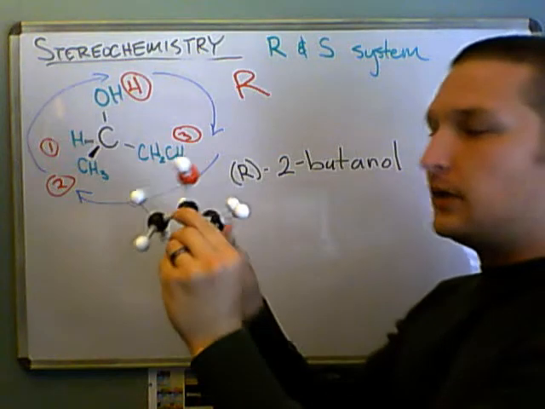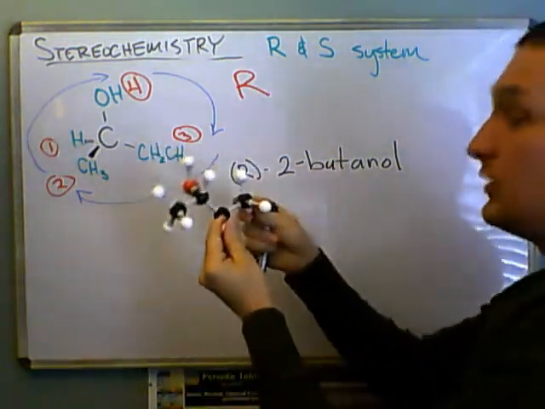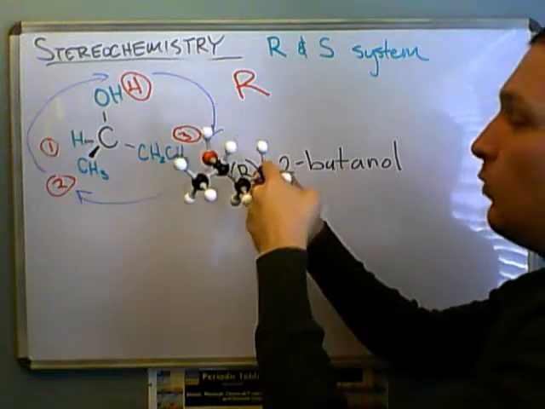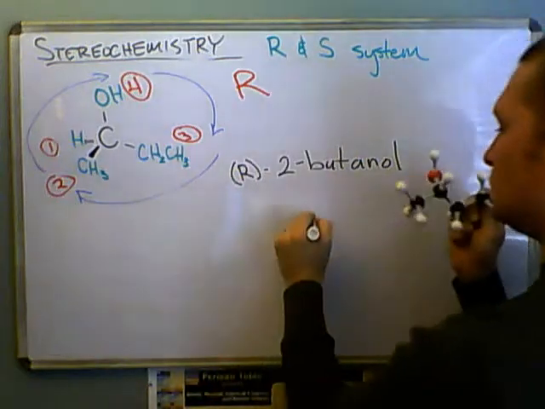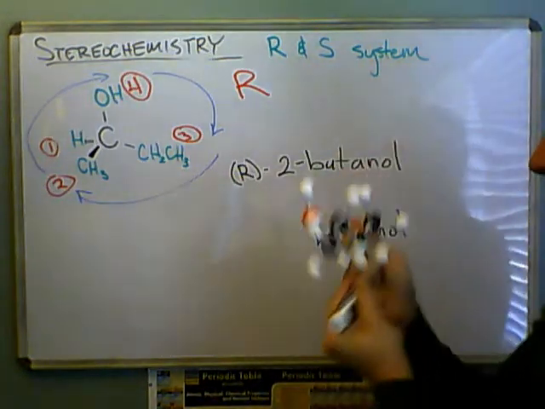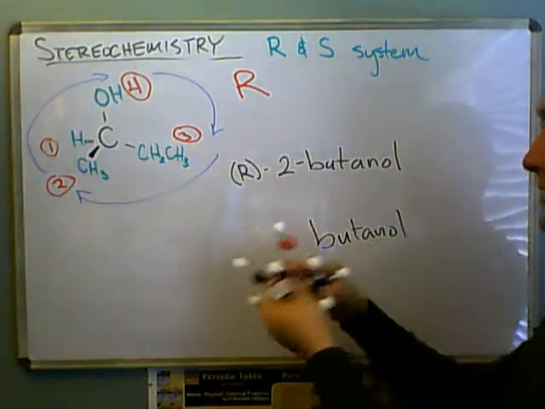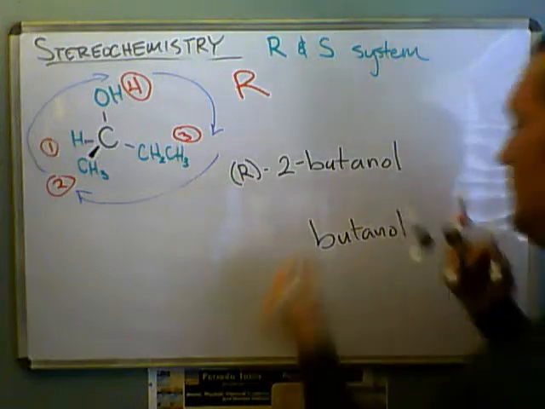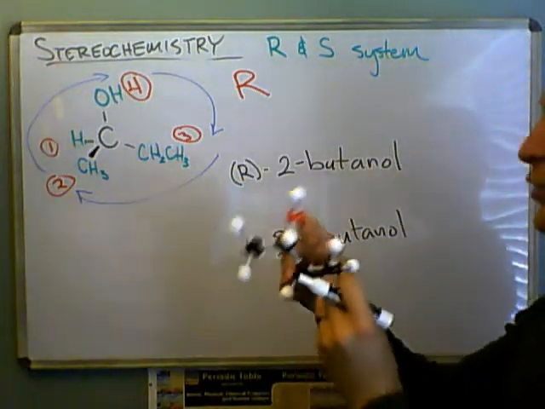And now we can look, it's still a butanol, it's still 2-butanol, right? We have 1, 2, 3, 4 carbons, so that's going to be but-something. And since the hydroxyl is attached to the second carbon, it's a 2-butanol.